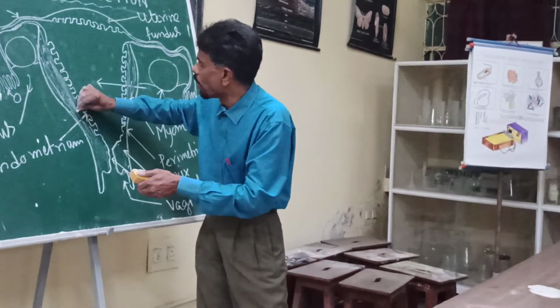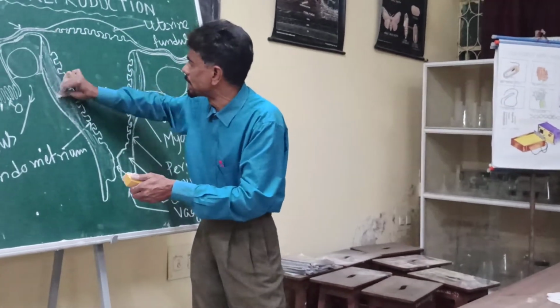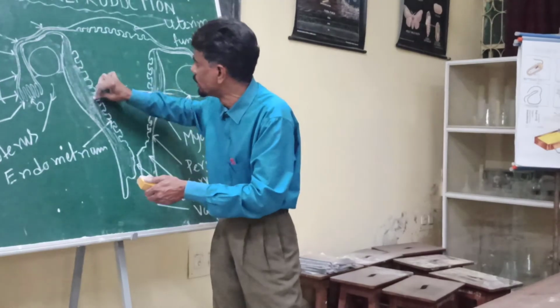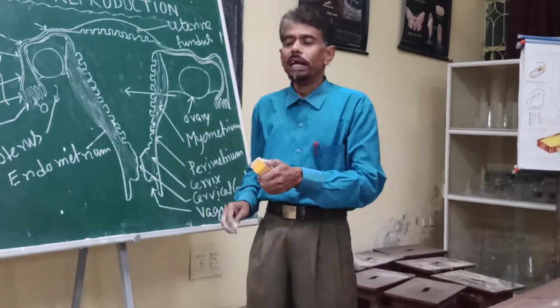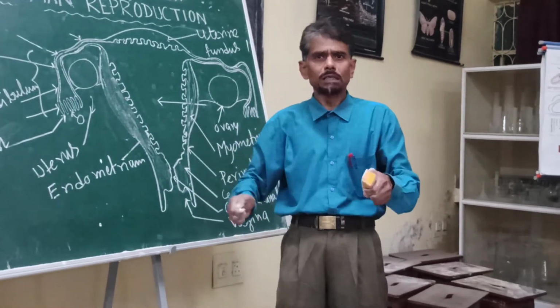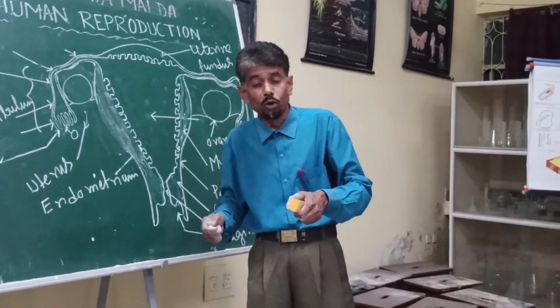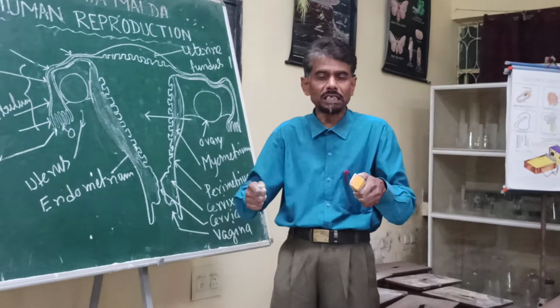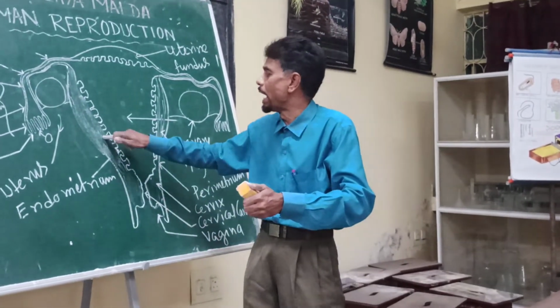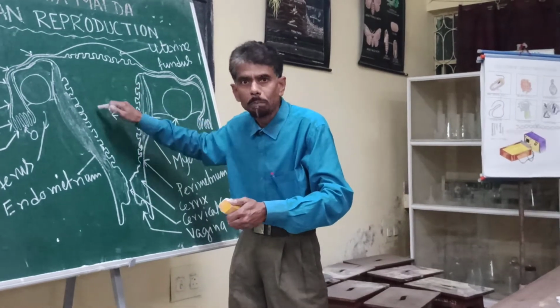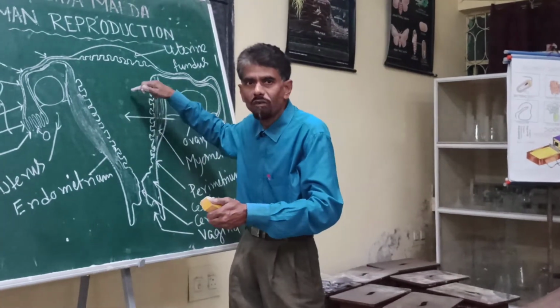The middle layer of the uterus, which is highly muscular, is called the myometrium. This myometrium is very important during childbirth; it gives severe contractions and helps in the expulsion of the mature fetus.